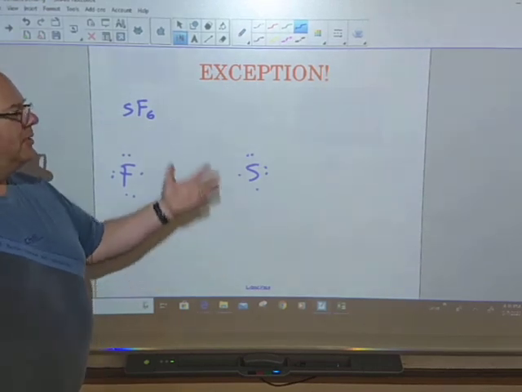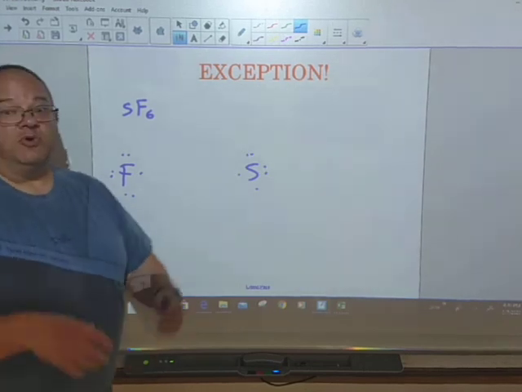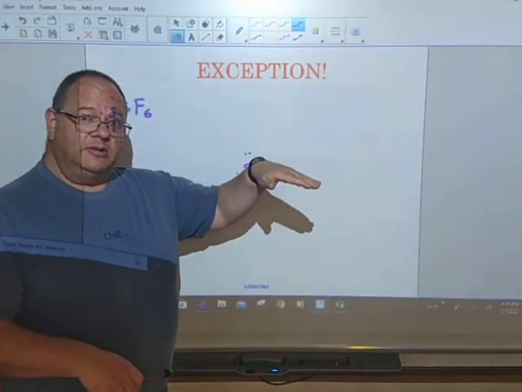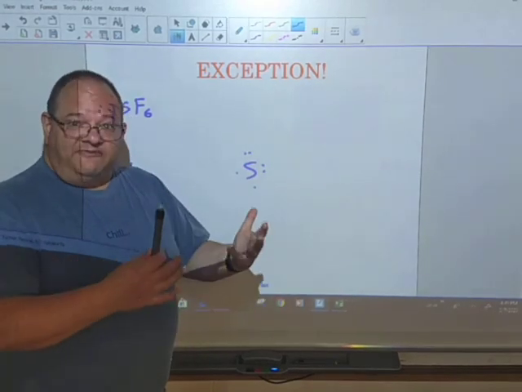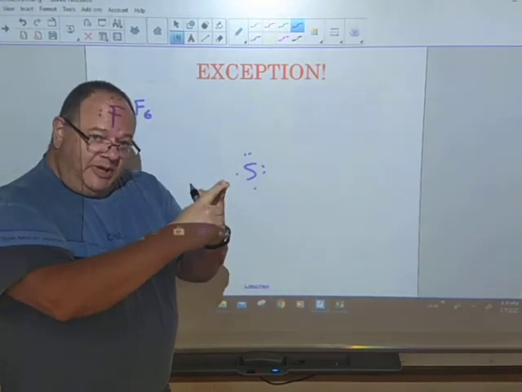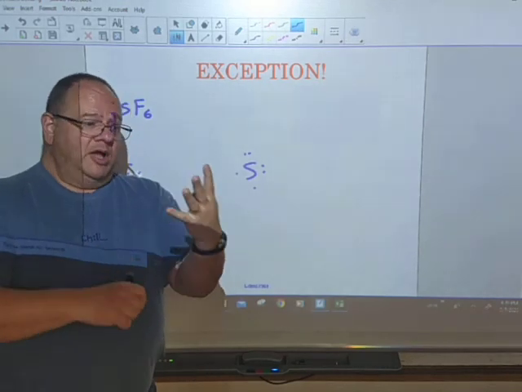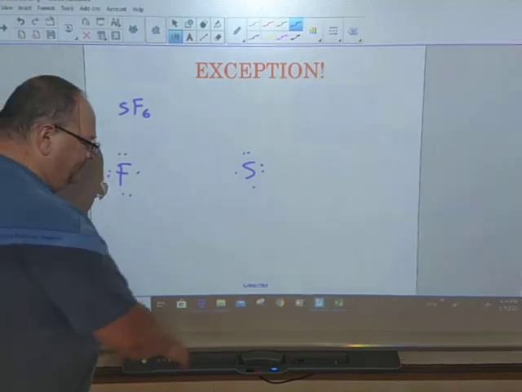Wonder what's going to happen. Maybe we attach 6 fluorines, each to one of these, which means we're going to need 6 orbitals, right? But sulfur is in the 3rd period. There is a 3d sublevel that's available. And so when you think about the orbitals, we're going to use 3s, we're going to use 3 3p orbitals, we're up to 4, and then we're going to use 2 3d orbitals, and we're going to have 6 orbitals.